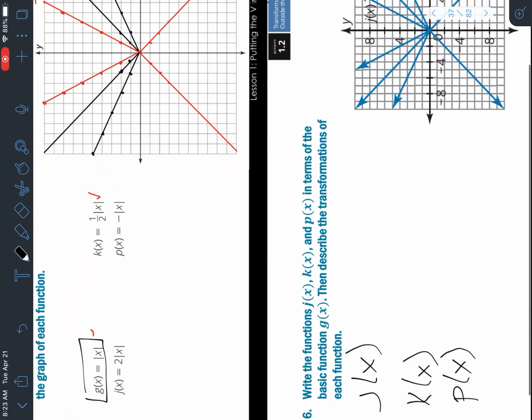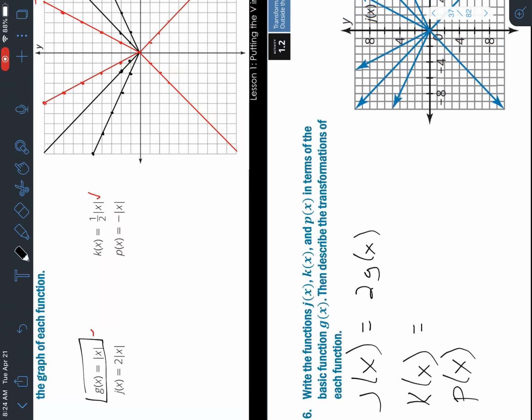Okay, so we know g of x is the standard function we use. J of x is 2 times absolute x. So essentially all that means is j of x equals 2, and then we write g of x because we're just substituting that in.